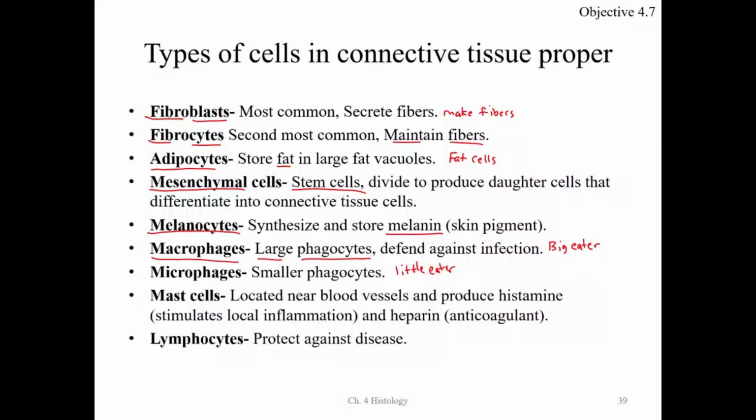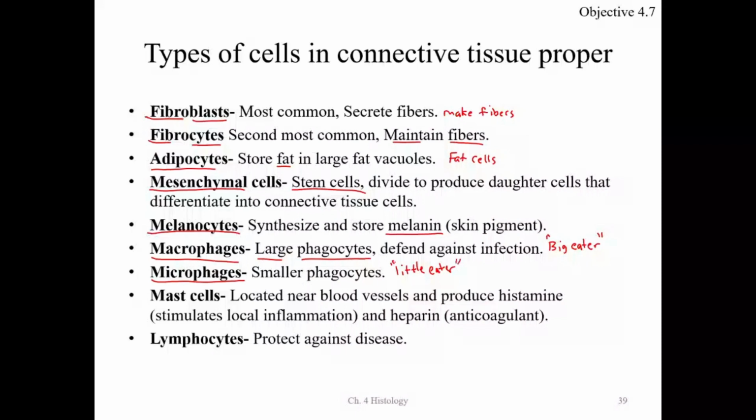What they're going to do is eat infectious agents like bacteria. They're going to help me defend against bacterial infection. Micro, meaning little. Phage, meaning eat. These are little eaters. They're smaller phagocytes. So macrophage is my big eater, and microphage is my little eater.